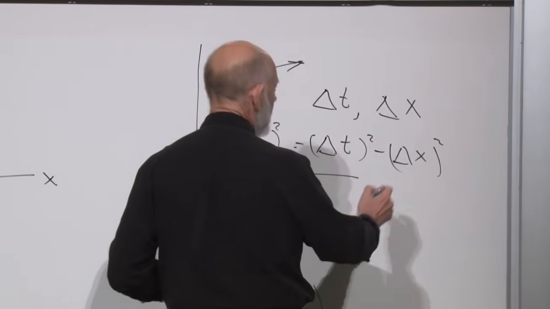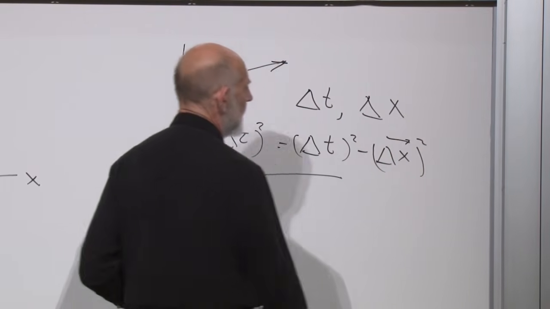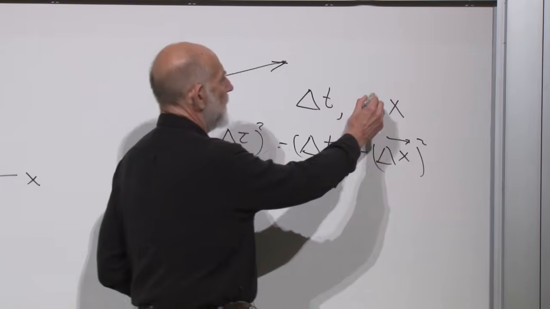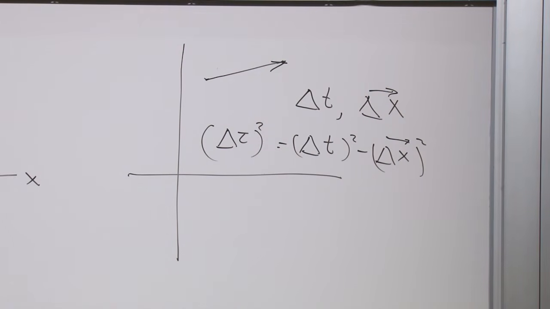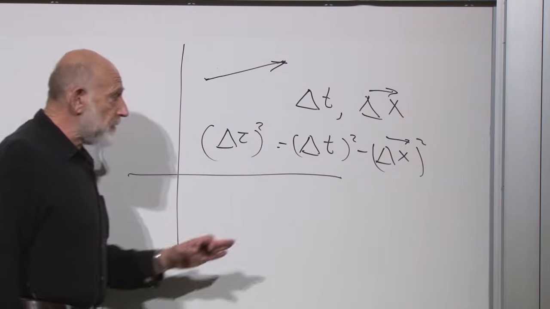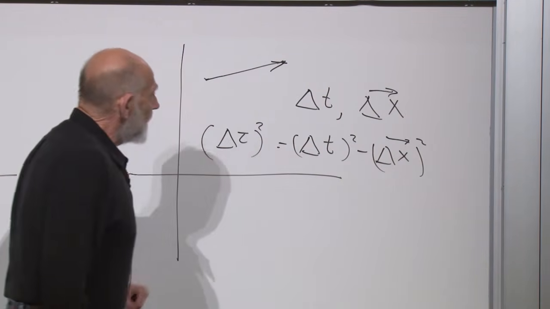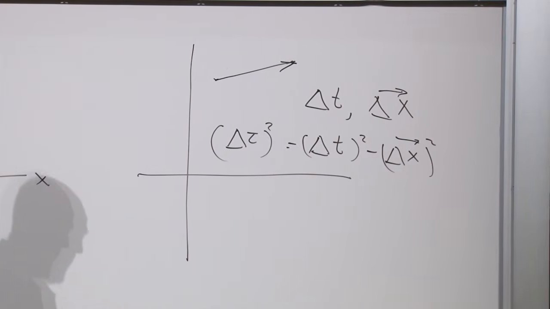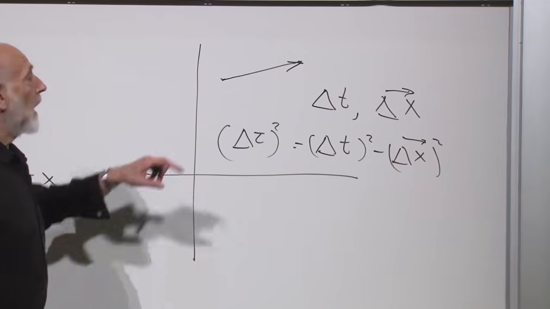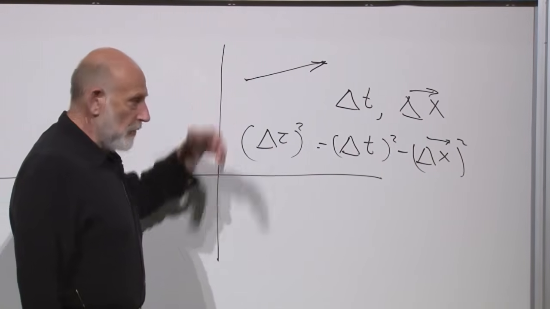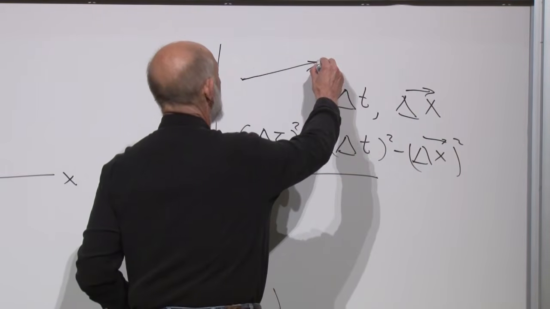If we wanted to be fancy, we would put a little arrow over here to indicate that delta x is a 3-vector. All right, now if the 3-vector delta x is bigger than delta t, then the interval becomes space-like. Space-like intervals are, as I said, more space than they are time.